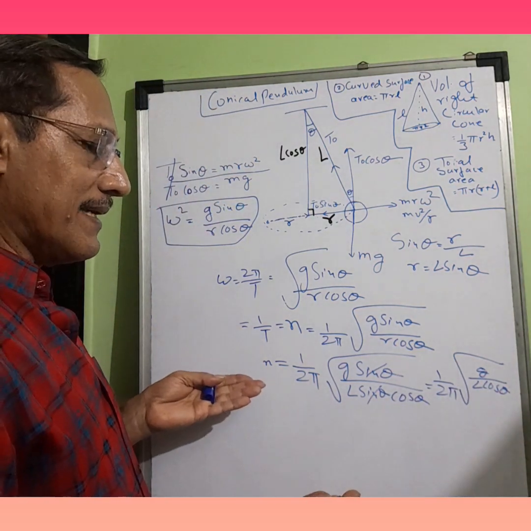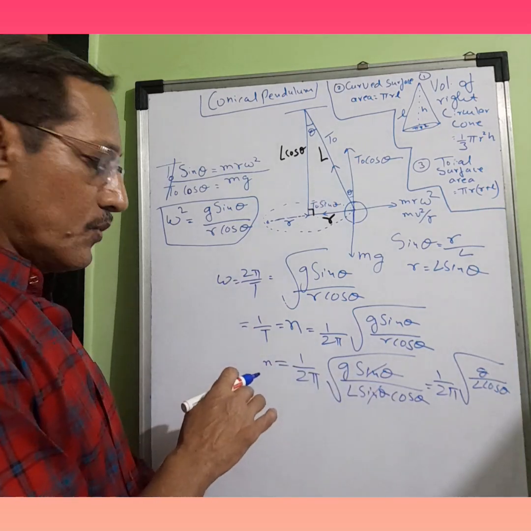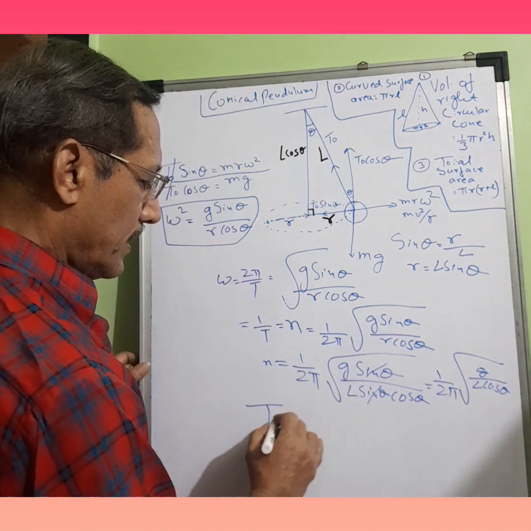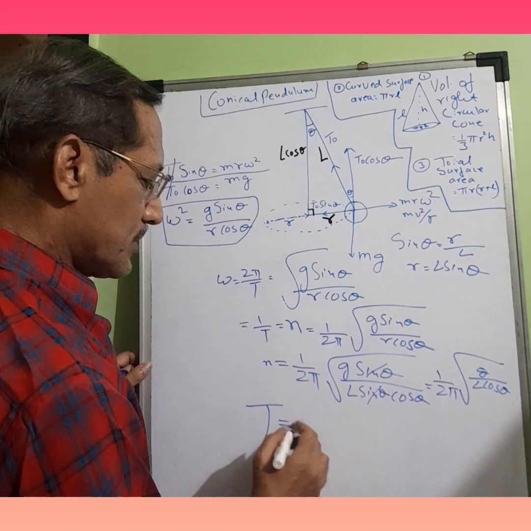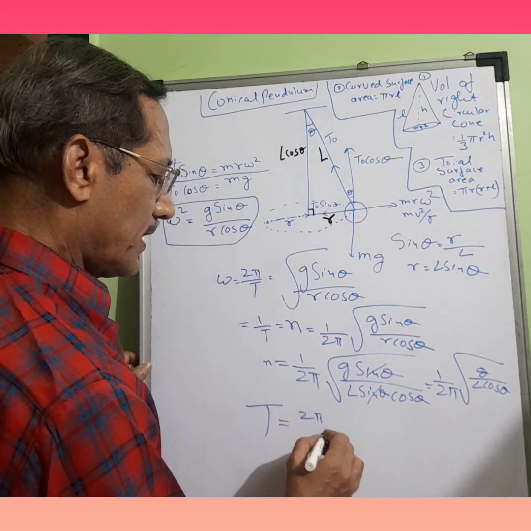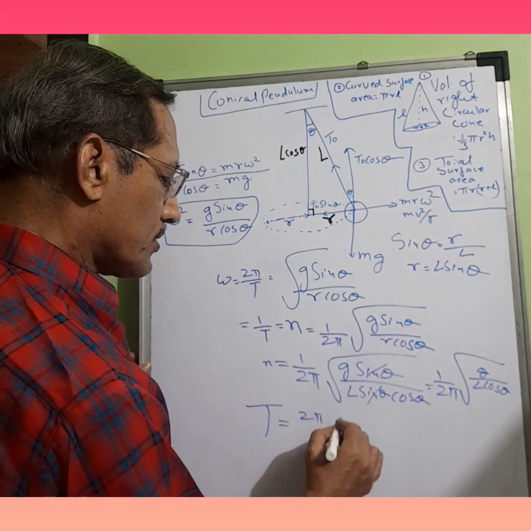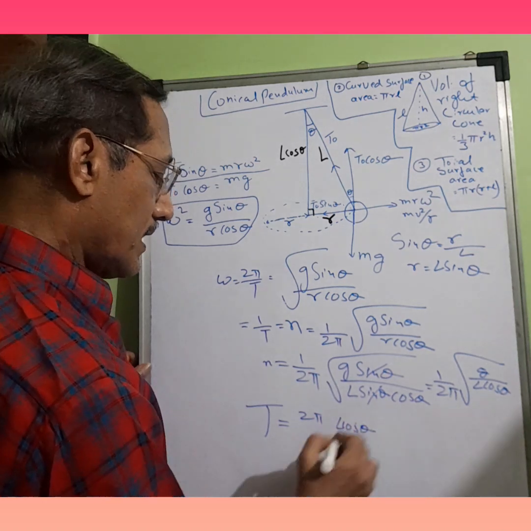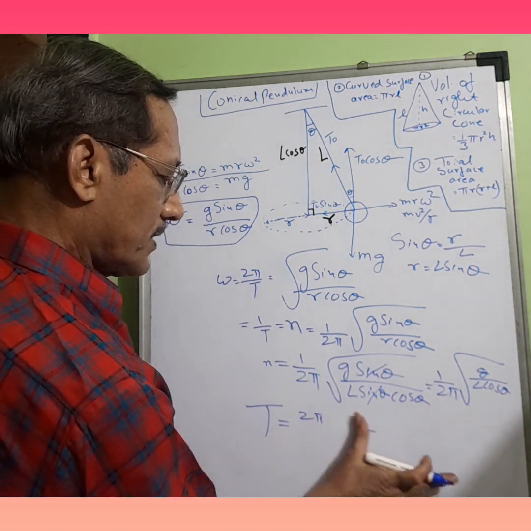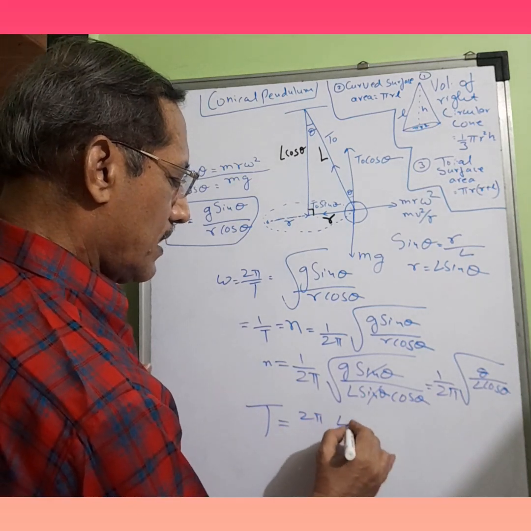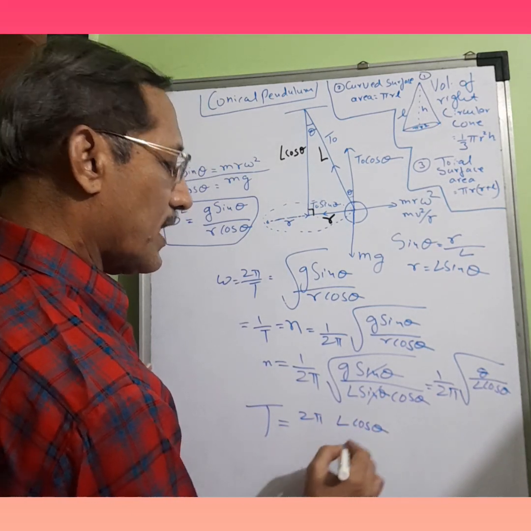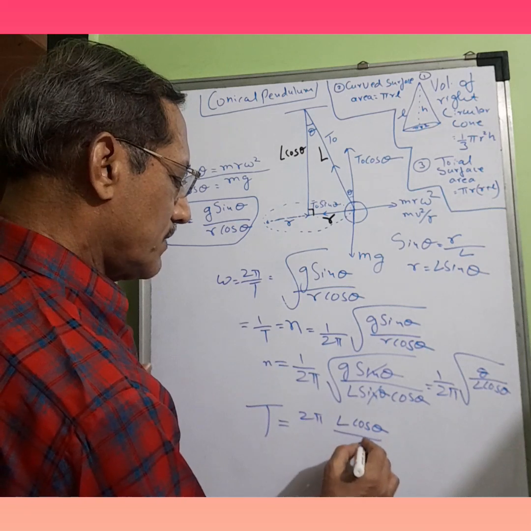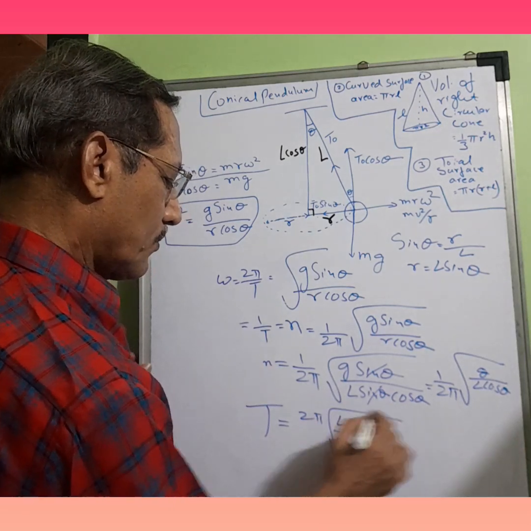Now if you want it in terms of time period, inversion would occur. What we would do is 2 pi would come up, and L cos theta also would accompany it, and g would go down, and we have the root over here.